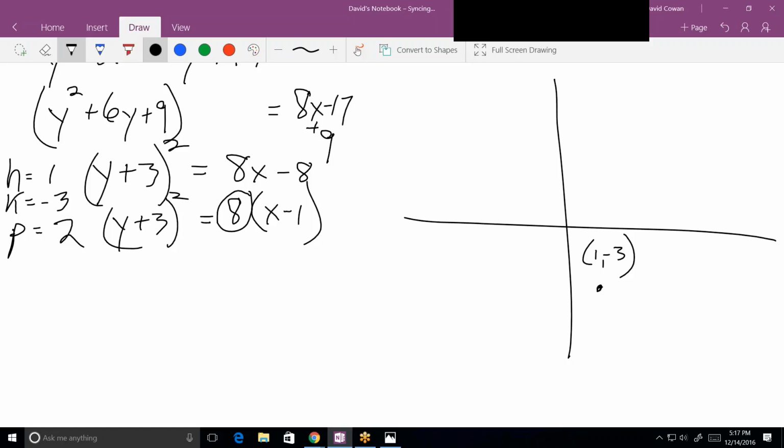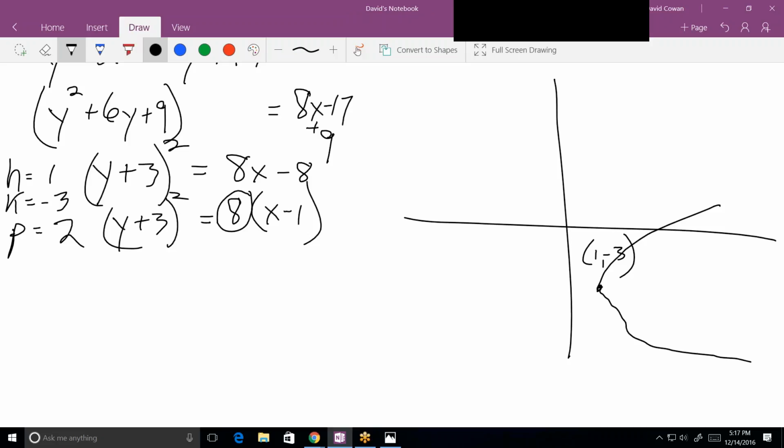It's going to be opening to the right. Right is the same as up. In other words, if the y squared term has a plus sign in front of it, it opens to the right. If the y squared term has a negative sign in front of it, it opens to the left. So I immediately know this opens to the right like this.